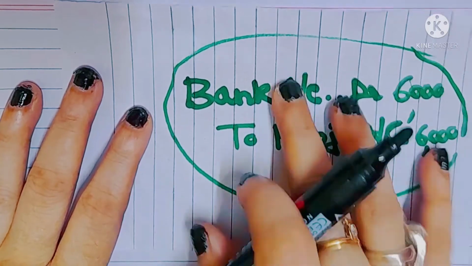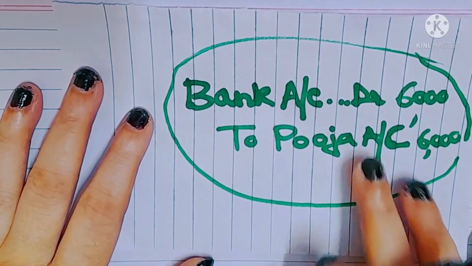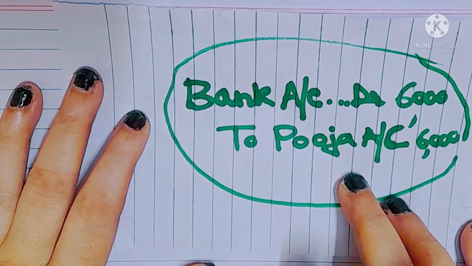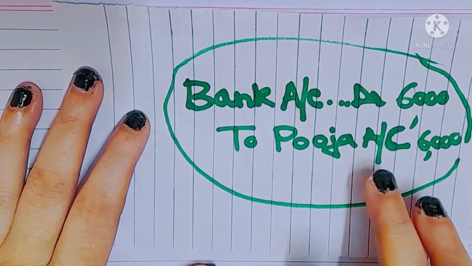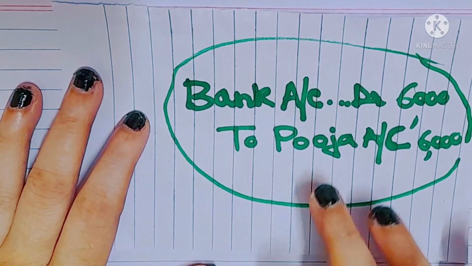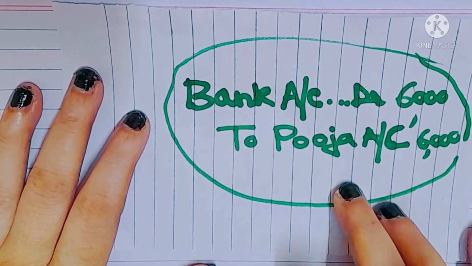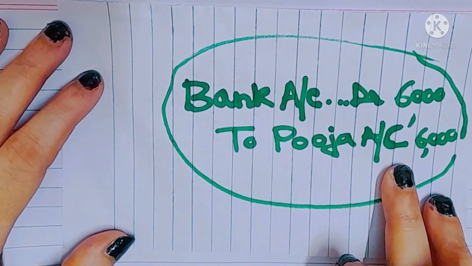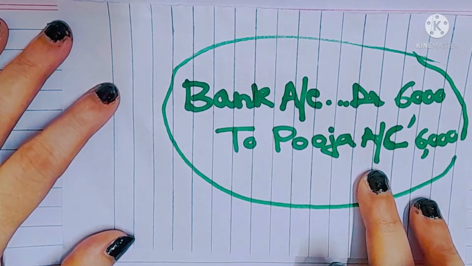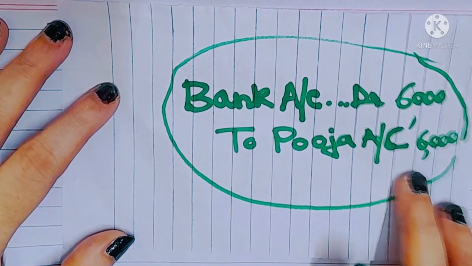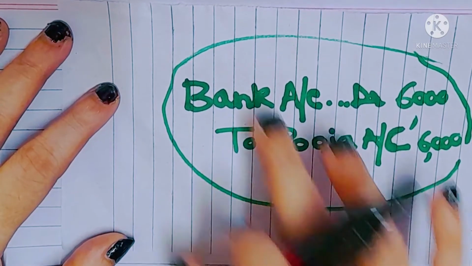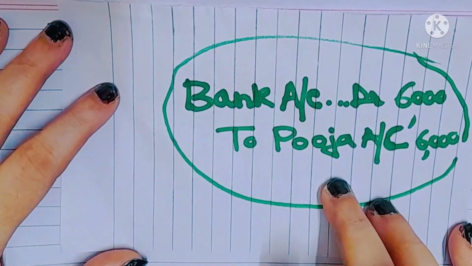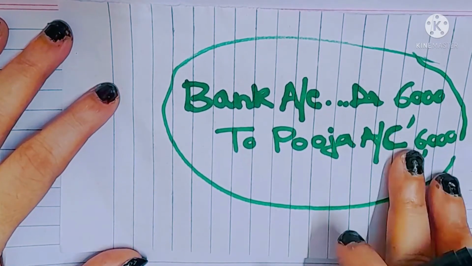Had it been a double column cash book, we would have easily recorded this journal entry in the bank column, in the cash book, on the debit side to Pooja account 6000. But this is a single column cash book. Single column cash book only has a single column that is for cash transactions and not for banking transactions. So this journal entry will not be recorded in a single column cash book.